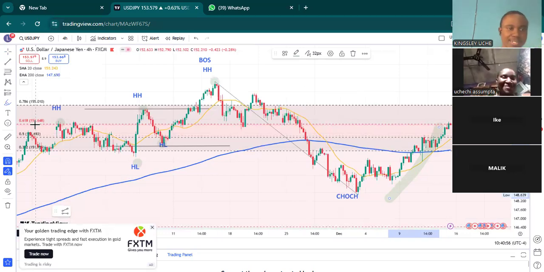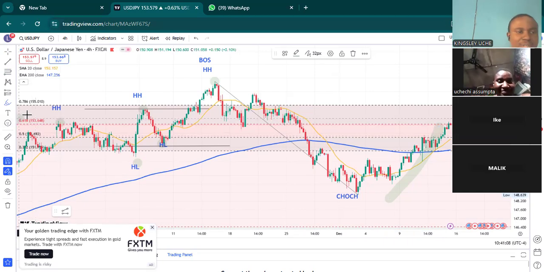It helps us make sure that the price gets to these zones. If you look at the left-hand side, where you see this green part, you can see the 0.618 and the 0.5 area.